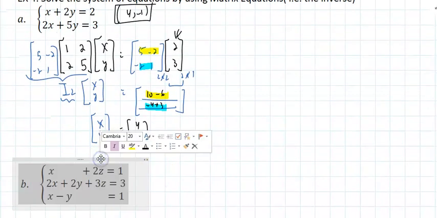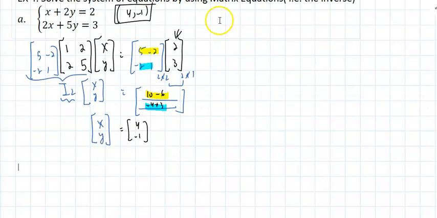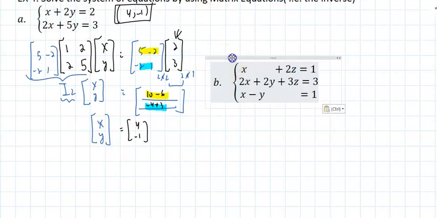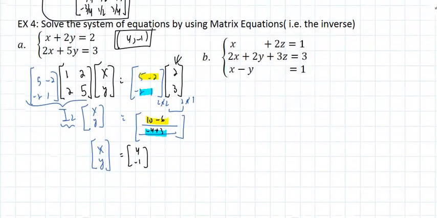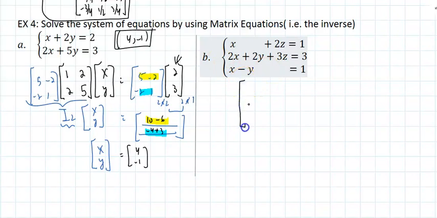And if I take this problem, all you have to do is write it out as a matrix equation. I would leave some space. 1, 0, 2, 2, 2, 3, 1, negative 1, 0.